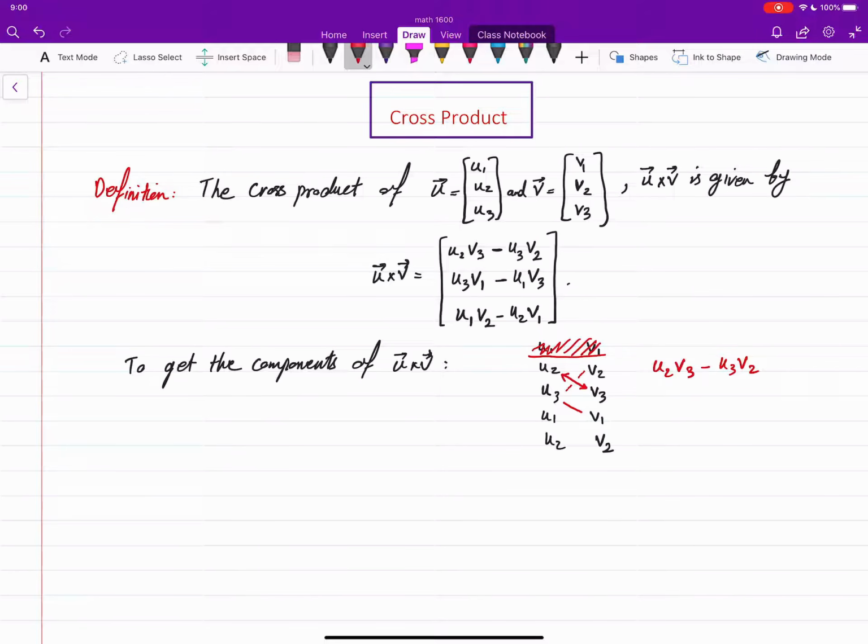For the second component, you continue doing the same thing with the next two rows, so it will be u3 v1 minus u1 v3. And for the last one, this is u1 v2 minus u2 v1. This is how you get the entries of the cross product.